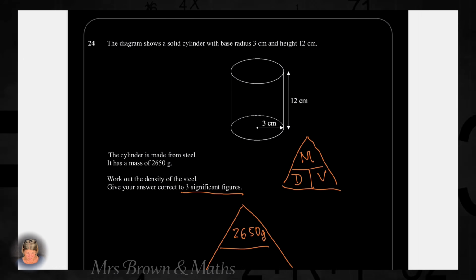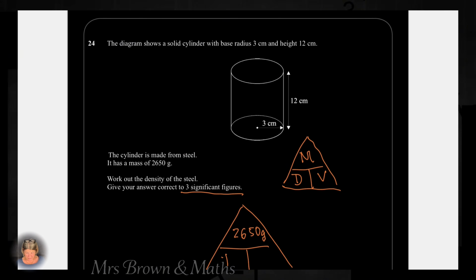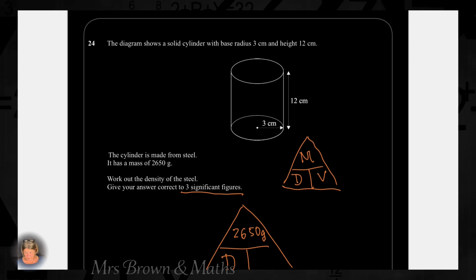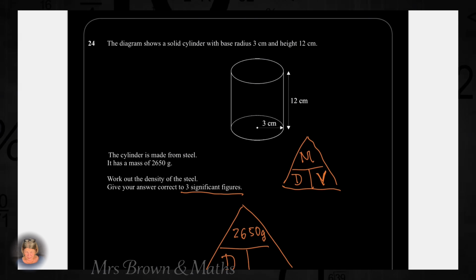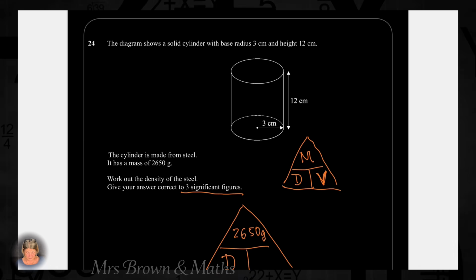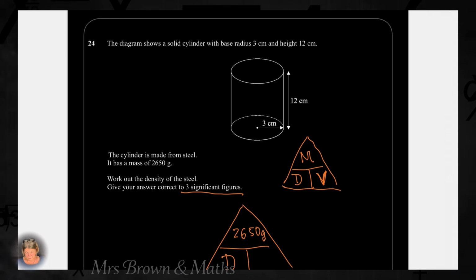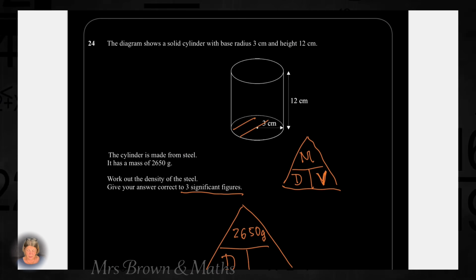I don't know density, we need to work it out. But also I can work out the volume. How to work out the volume of the cylinder? Work out the area of circle and times 12.